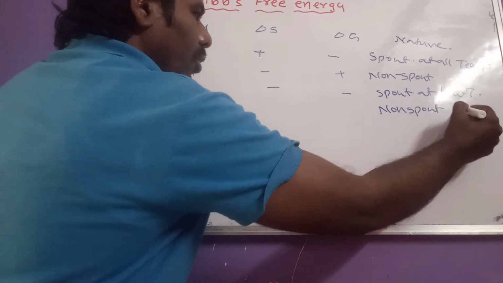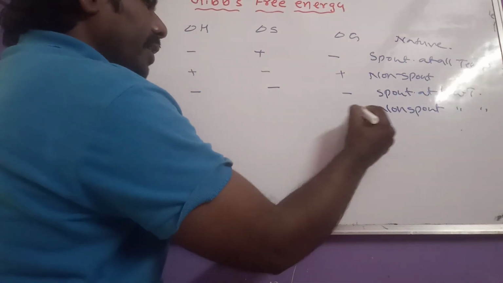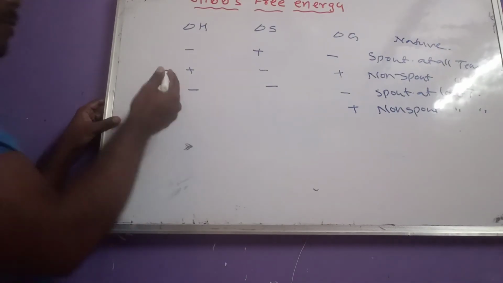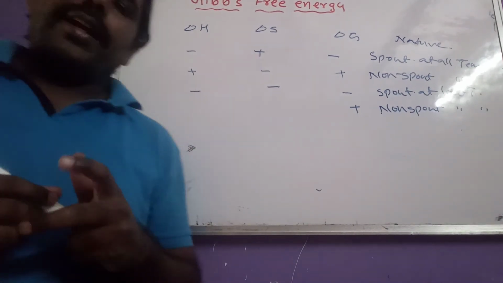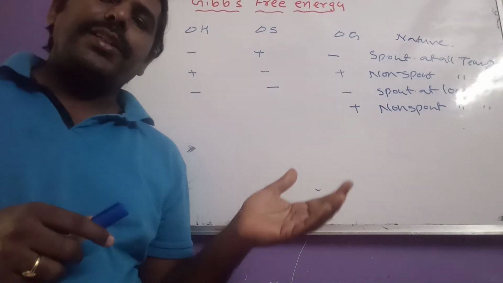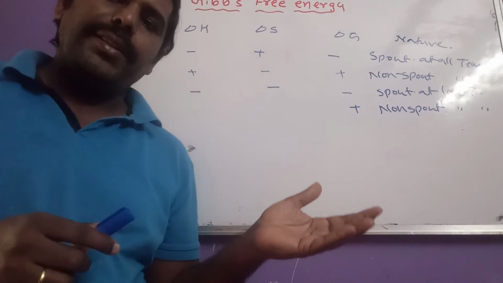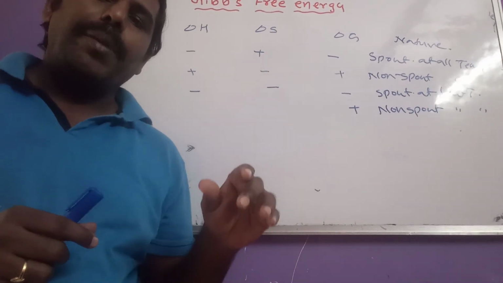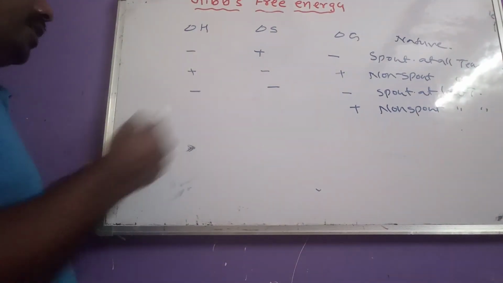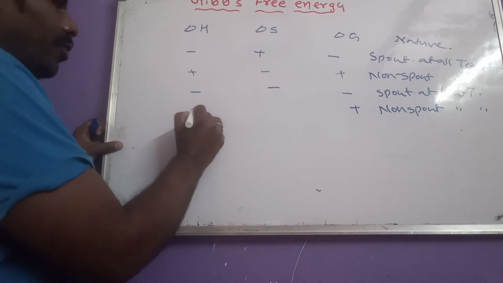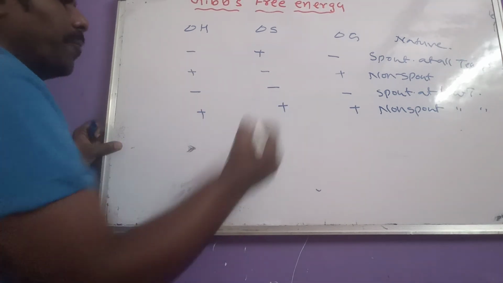Non-spontaneous at low temperatures means delta G is positive. Now come to delta H. At low temperature, the reaction is not spontaneous, so it must be an endothermic reaction. Endothermic means we write plus, and delta S also plus.